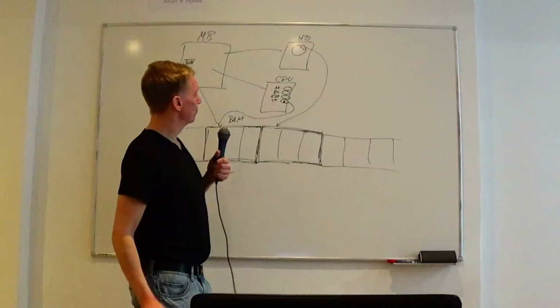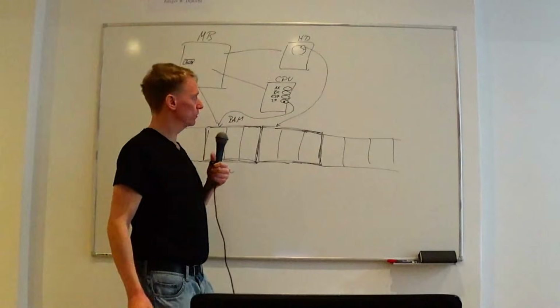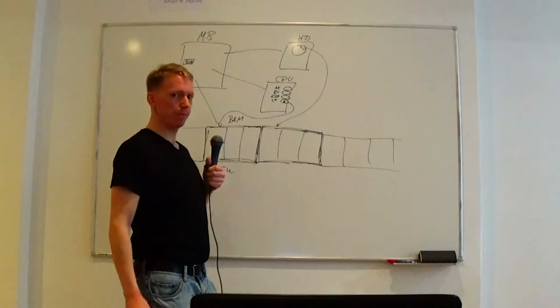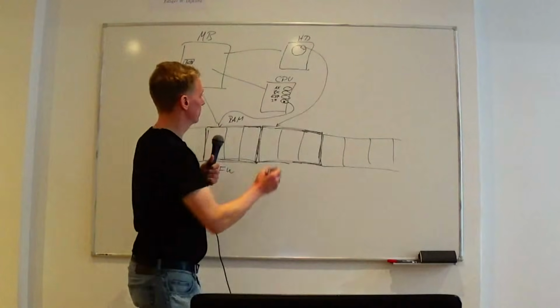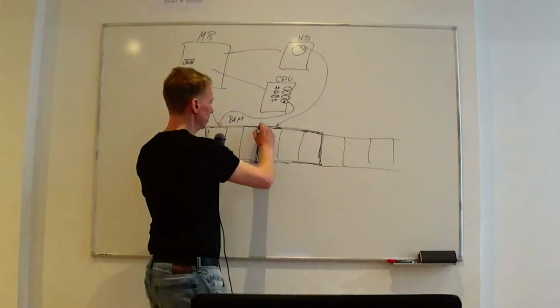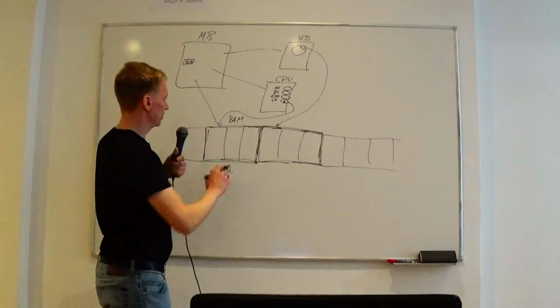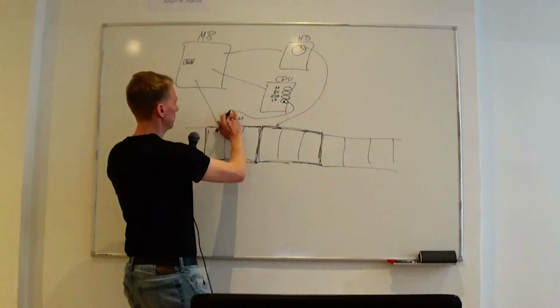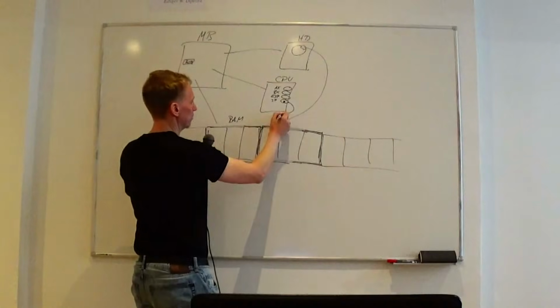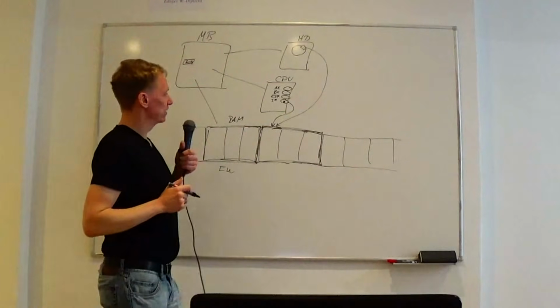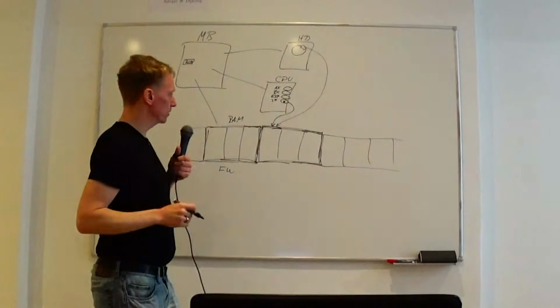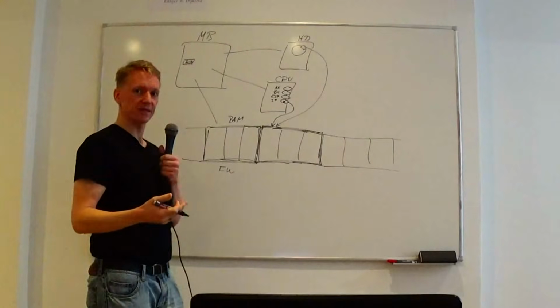So we'll just stick with the grub bootloader for now. This is loaded from the master boot record into the RAM, and then the firmware will proceed and tell the CPU to jump into this bootloader. So now the CPU will execute the bootloader.